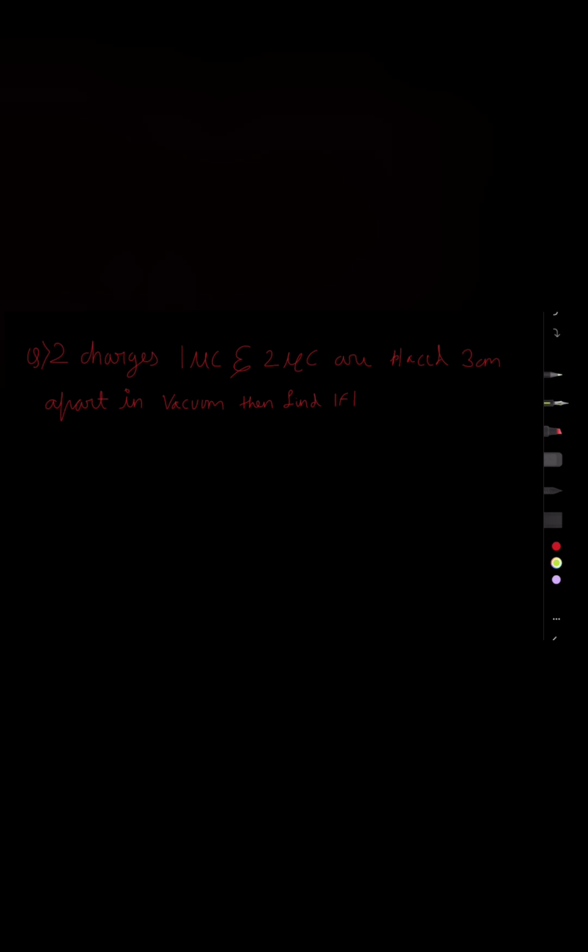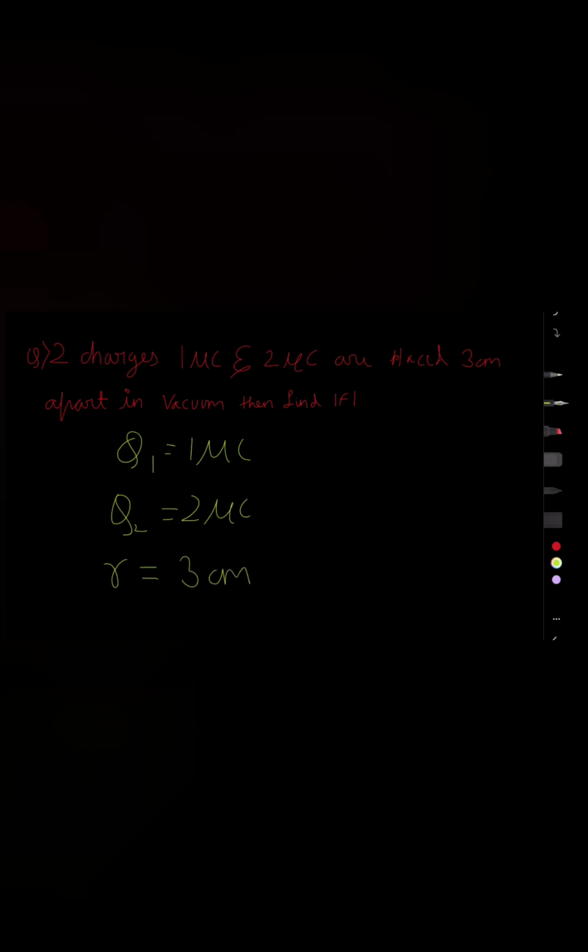Two charges, 1 microcoulomb and 2 microcoulomb, are placed 3 centimeter apart in vacuum. So they have given Q1 and Q2, and the distance between the two is 3 centimeter.